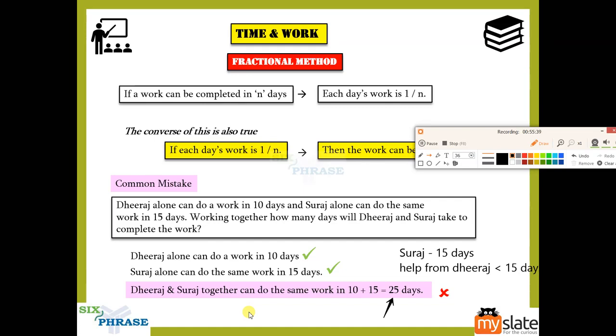These things you should be adding, not the time. You shouldn't add the time. This is a very common mistake that I often see in time and work problems, guys. As a rule, never add times. Never ever add times in time and work problems. It is invariably going to give you wrong results. I'll tell you the reason in the next slide.